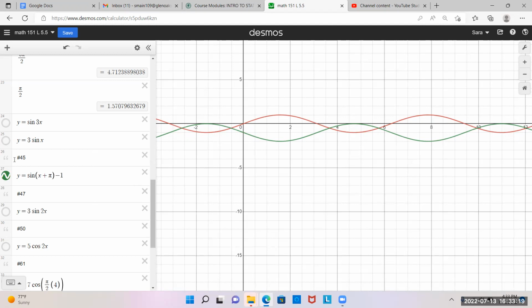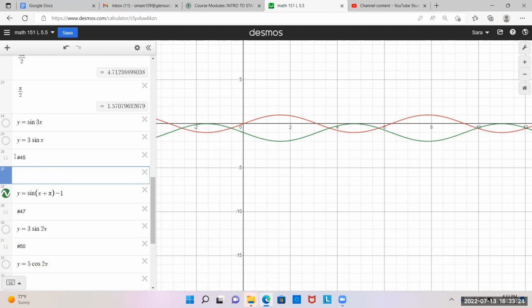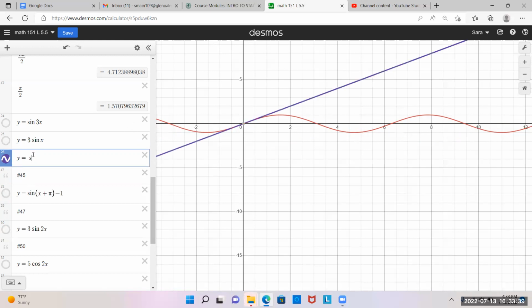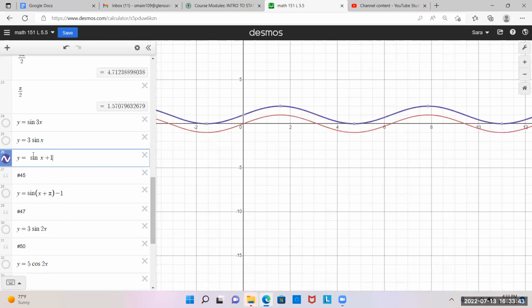So I'm going to do another one in here, and I'm going to turn off that one. I've just got my regular sine, and I'm going to do y equals sine of x plus 1. I'm going to see what that looks like.